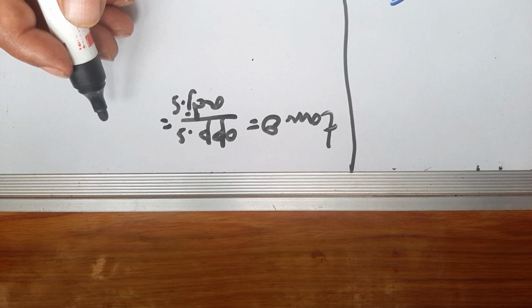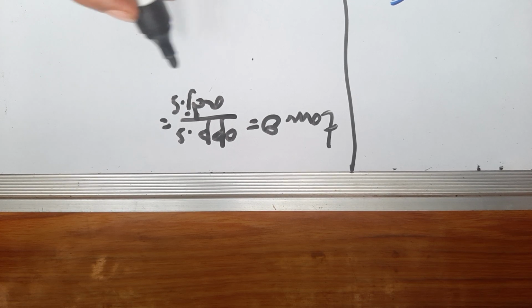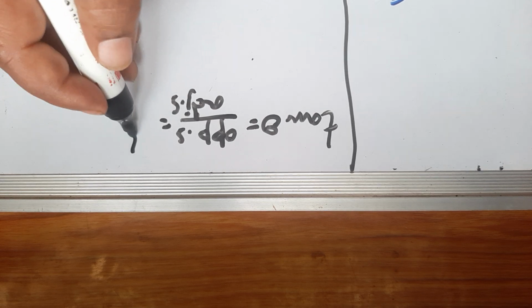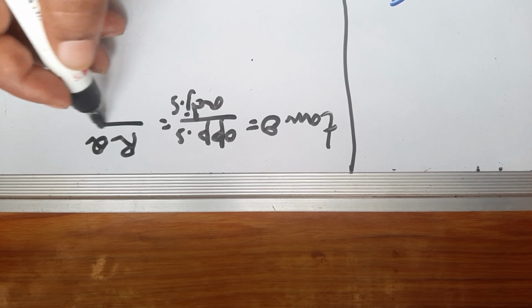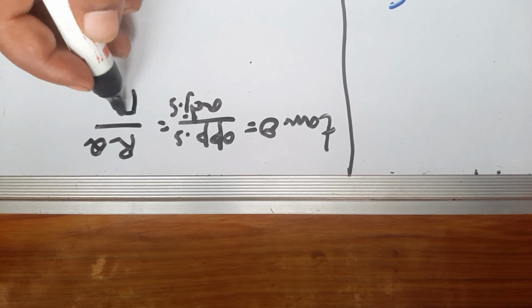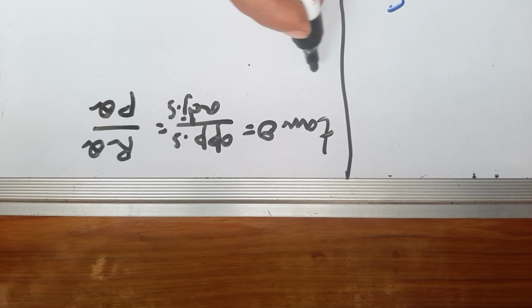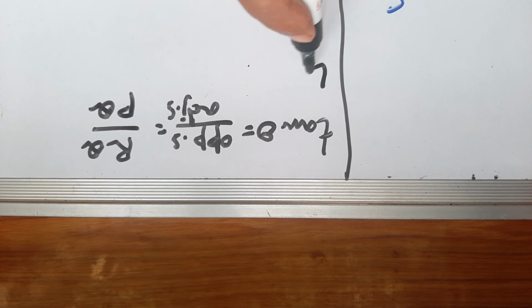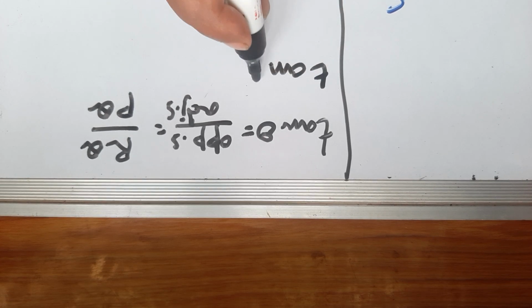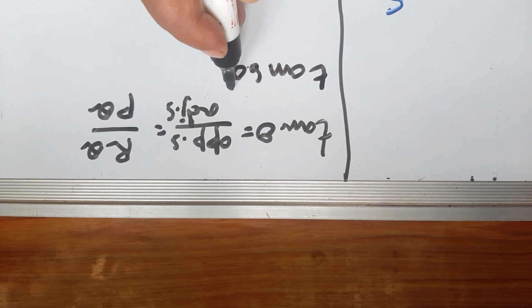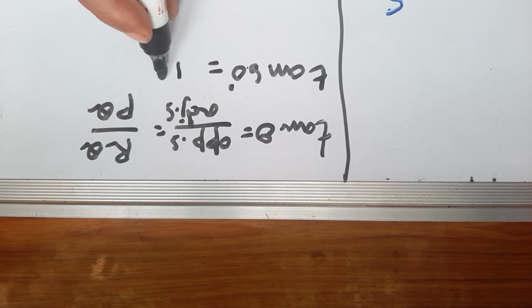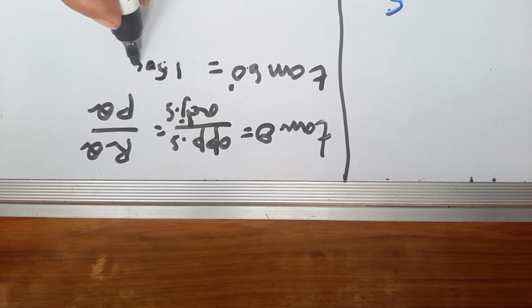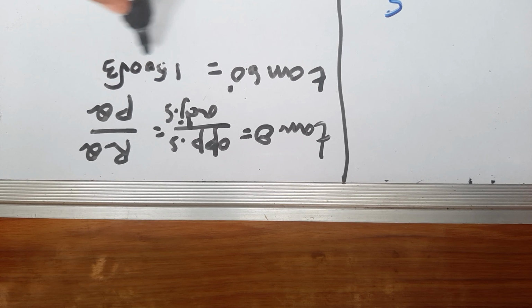So, according to this, RQ divided by PQ. We can take the angle in the place of theta, tan 60 degrees. What is RQ? 1500 root 3. PQ we do not know, the distance.